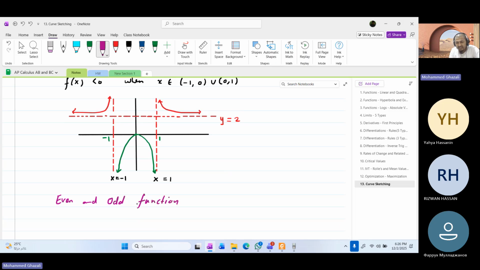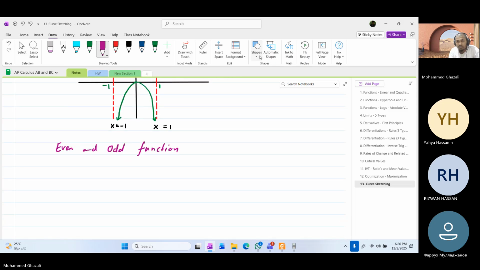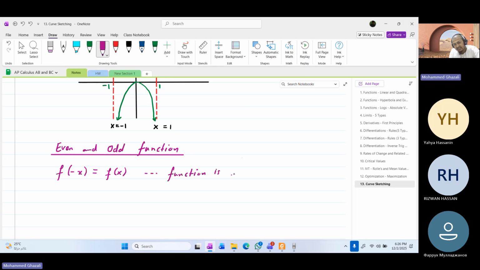What is even and odd function in a general graph setting? If you're checking f of negative x and it is equal to the original function f of x, then the function is even. What does this mean? Function even means it is symmetrical.